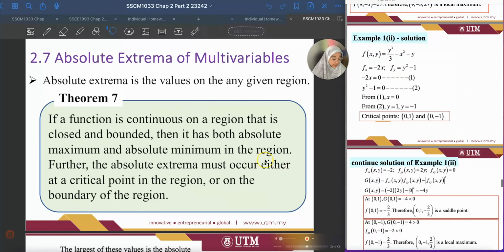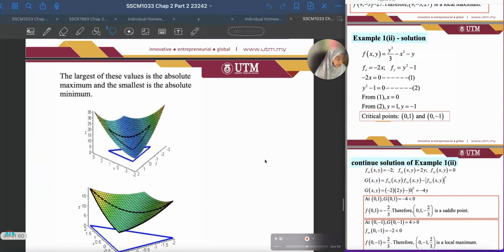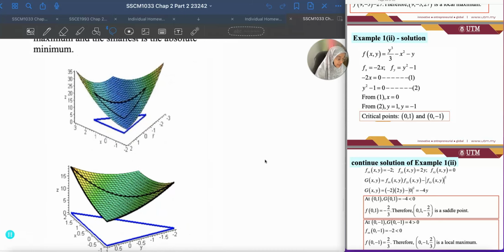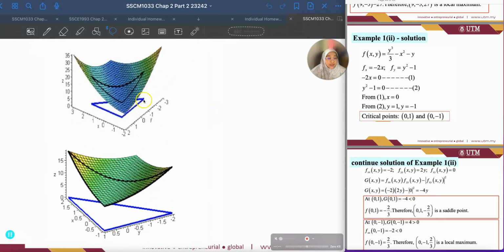The idea is, imagine that you have a surface. Last time when we had a local extrema, we didn't specify a region, so we just used partial derivatives to help us determine the maximum value and the minimum value, and also if there is a saddle point, we can know at which point we have that situation.